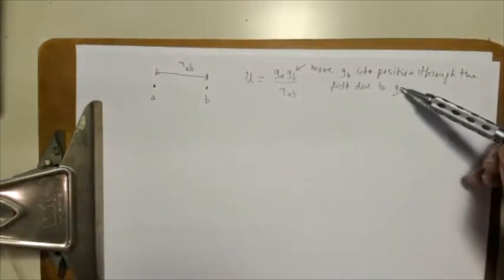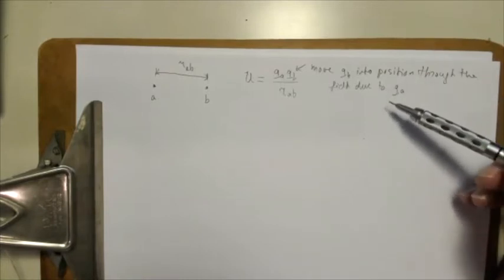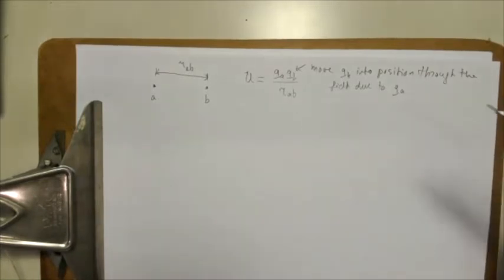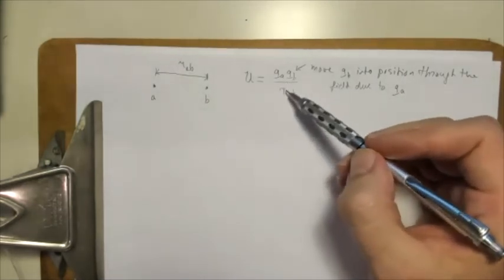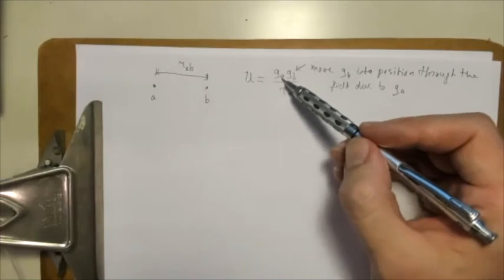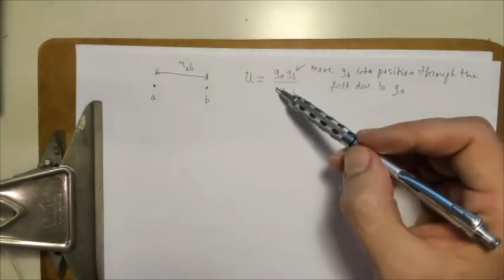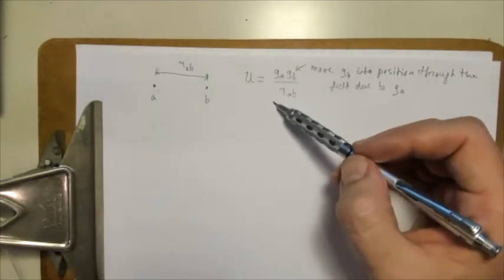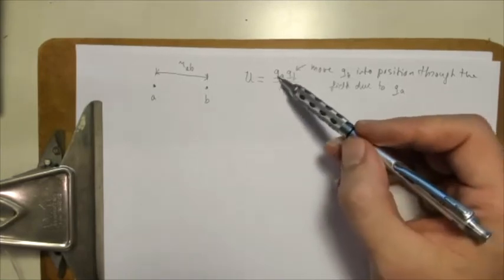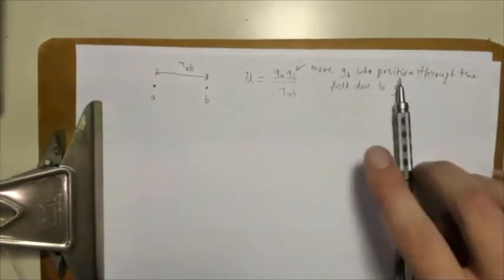And then doing that work through that field just means that you have to do that line integral, which means that it comes down to the potential. So all you need to do is take the potential of that charged object Q_A and then evaluate that potential difference between an object when it's very, very far away, where the potential is 0, and then somewhere close where the potential is Q_A over whatever that distance is, and the product is the potential energy. So there you go.